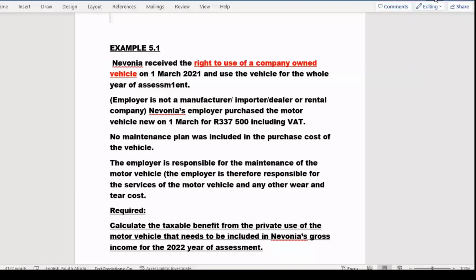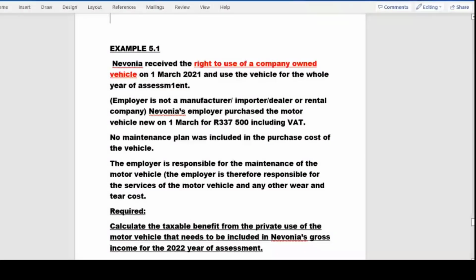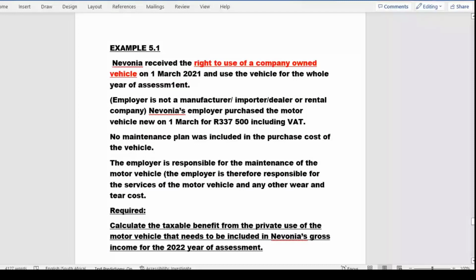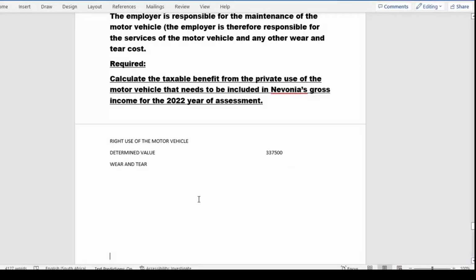I think because we include tax, it's going to be 337,500 multiplied by 15%. Okay, let me just see. So listen to what she's saying. 337, so is that the VAT here? Yes. Okay, multiply by 15%.